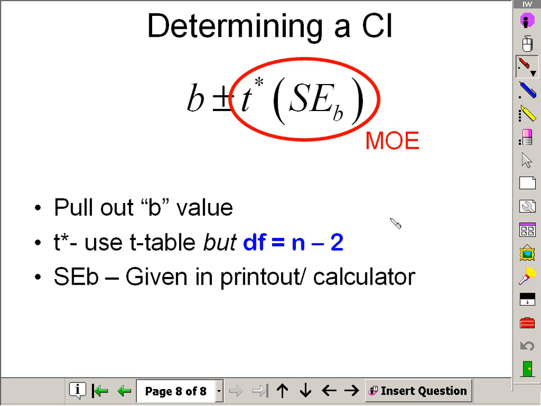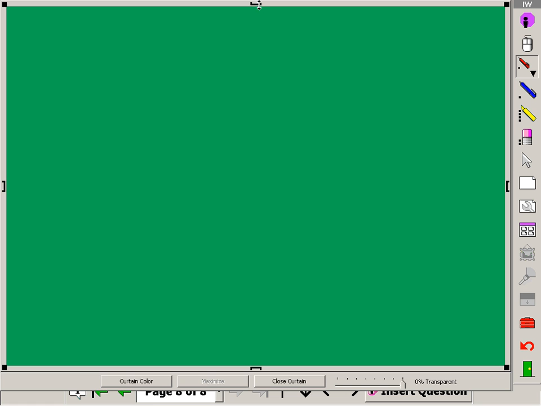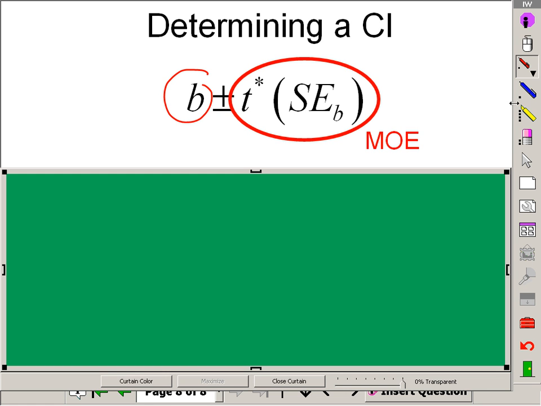Now, determining a confidence interval is different here. We're going to have a confidence interval based on our slope. The confidence interval is the same in essence.